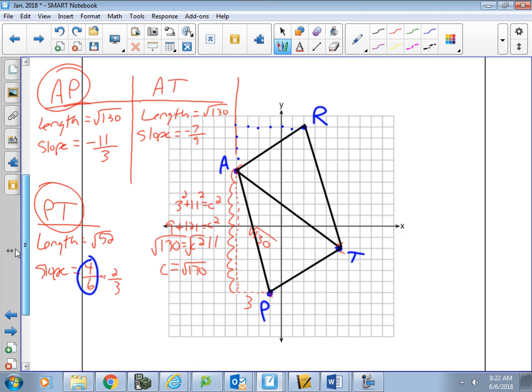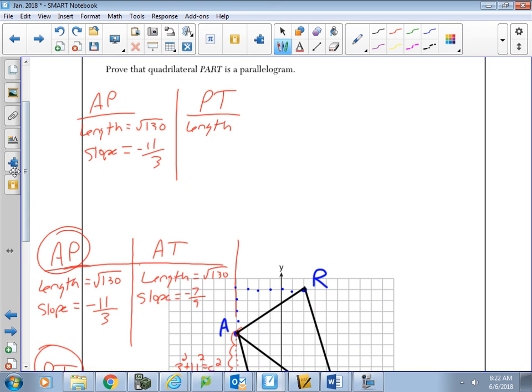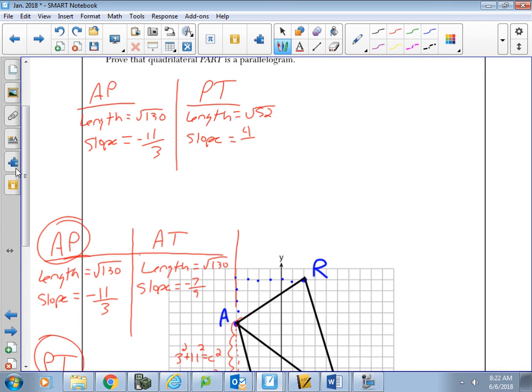Okay, then the other side we have is PT. We have length radical 52, and then the slope is equal to 4 over 6 or 2 over 3.